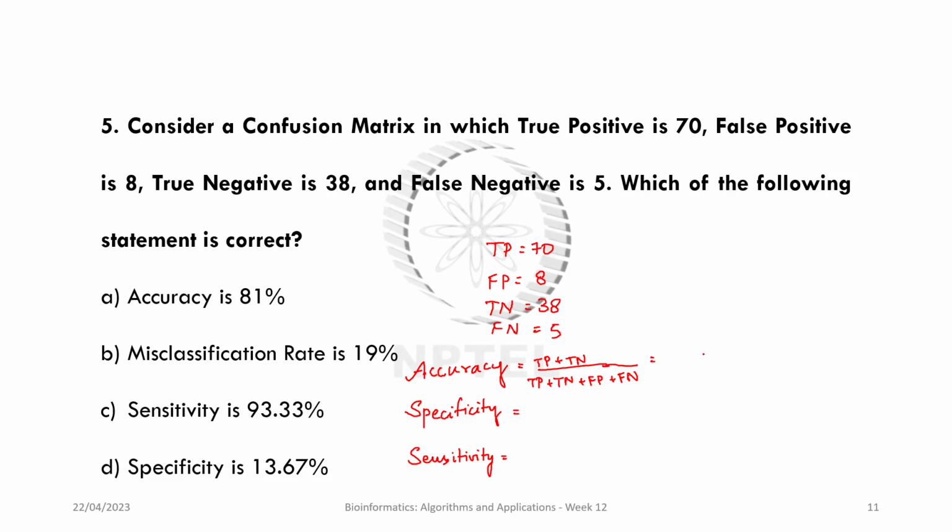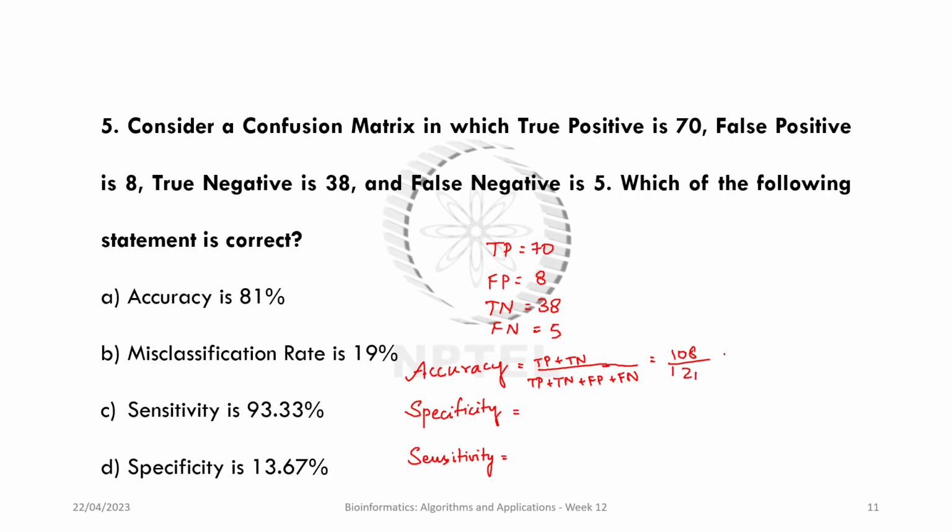So, what does that give you? TP plus TN will be 108 divided by 121.